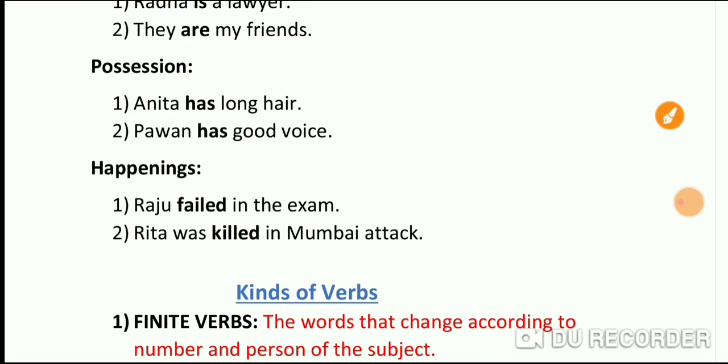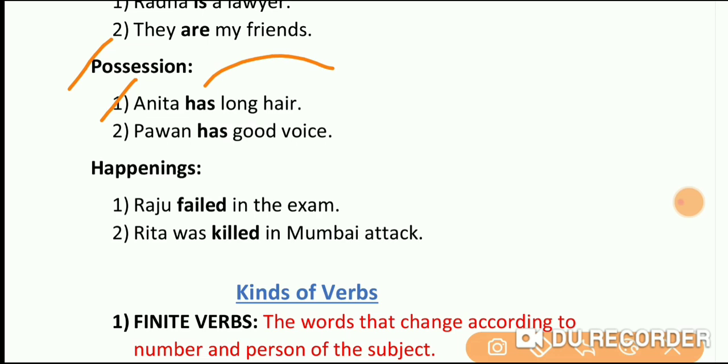And in the third use, you can see they show or talk about possession. Possession means they speak about ownership of a noun and pronoun: what a noun or pronoun owns, what a noun or pronoun possesses. To show that we use verbs. See the example. Anita has long hair. Pawan has a good voice.